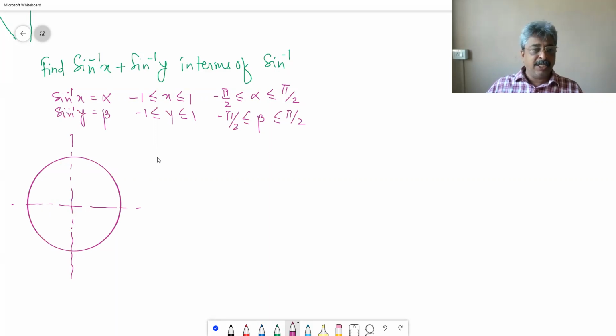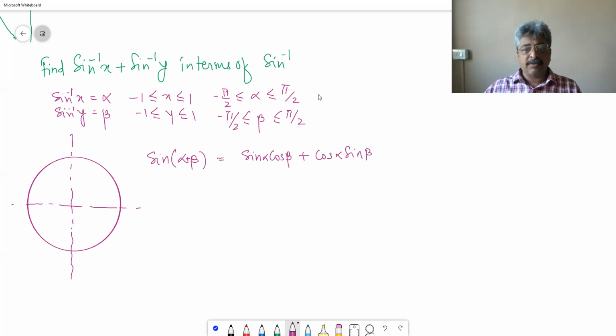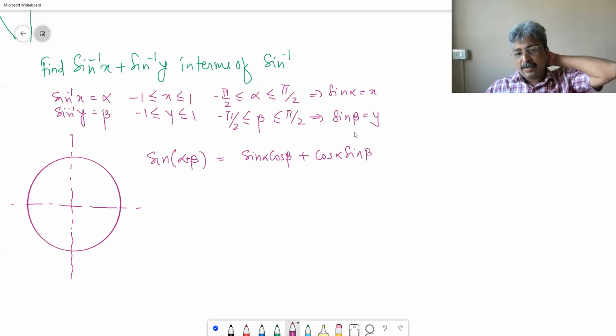The main function again is sine of alpha plus beta. That is sine of sine inverse x plus sine inverse y, which we know is sine alpha cos beta plus cos alpha sine beta, right? From this equation we get sine alpha is equal to x. From this equation we get sine beta is equal to y, correct?